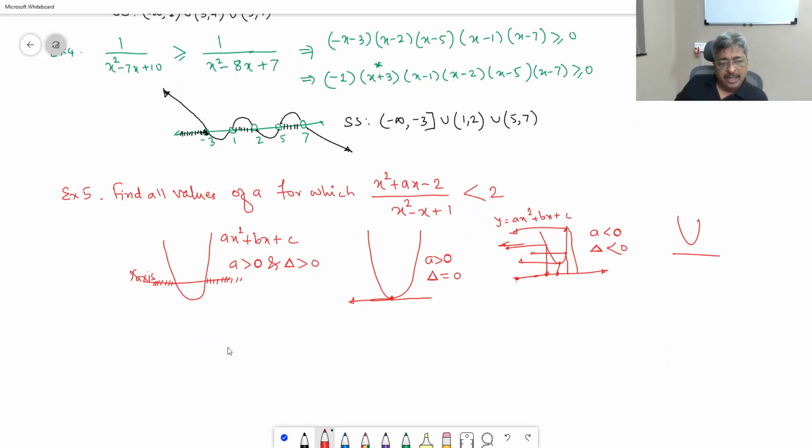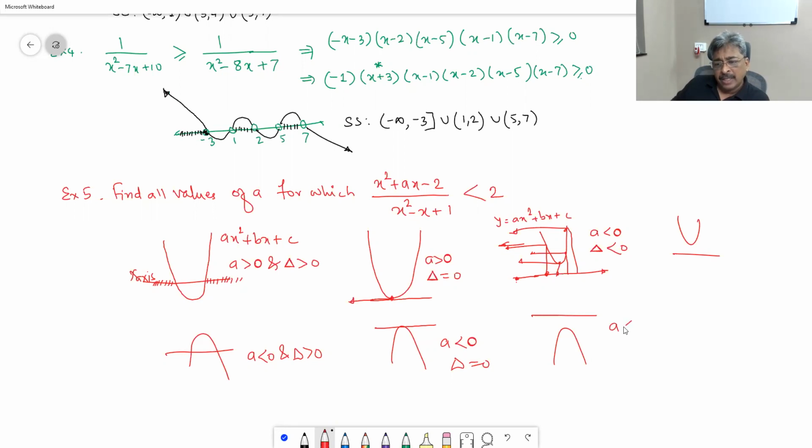Now, the remaining three graphs are like this. What do we mean by this? A less than 0 and delta greater than 0, if the graph is like this. A less than 0, delta equal to 0, if the graph is like this. And a less than 0, delta less than 0, if the graph is like this. What do I mean by this?